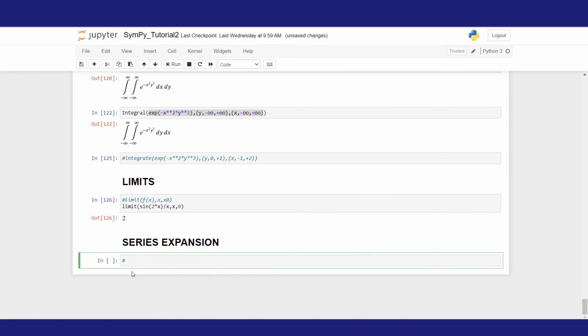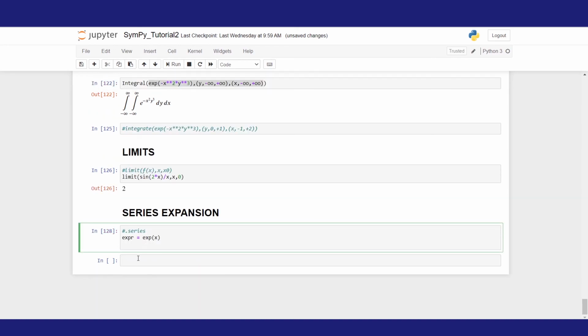Let's have an example, the exponential of a certain function. Let's say the expression is equal to the exponential of x.